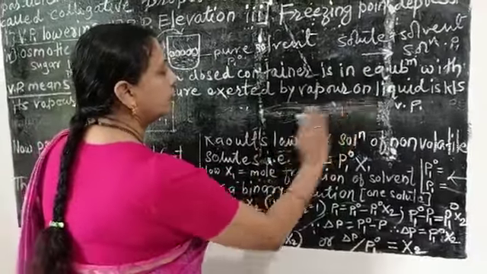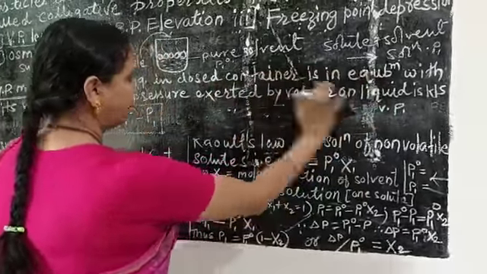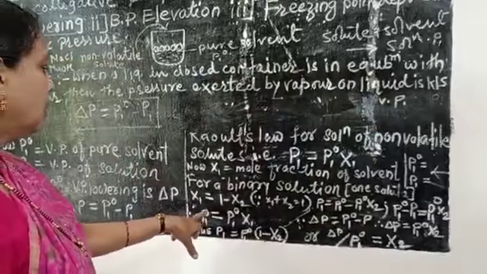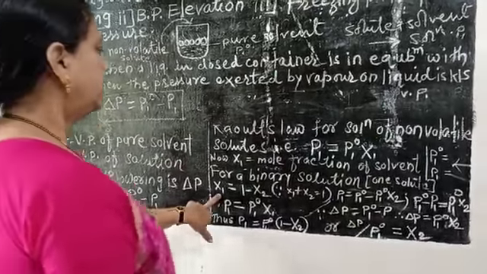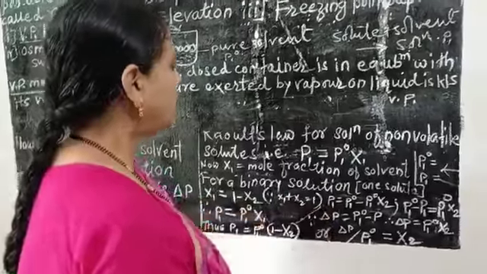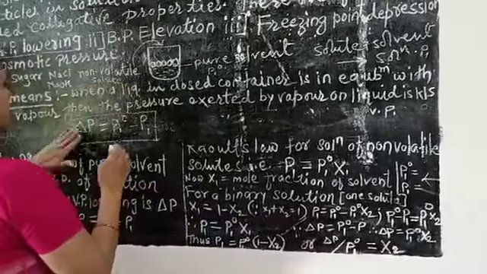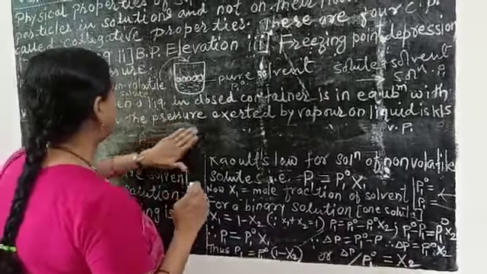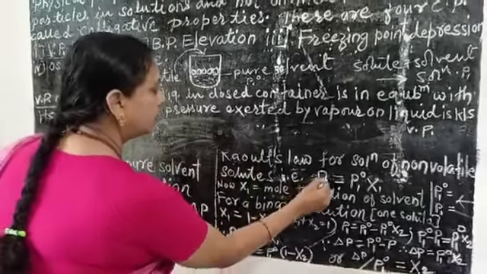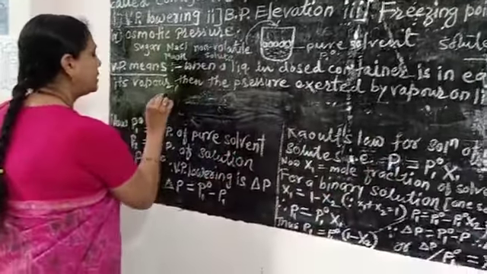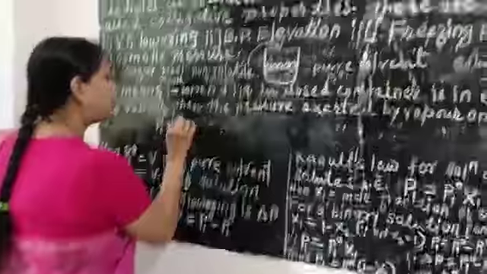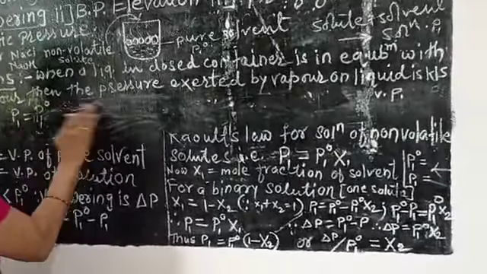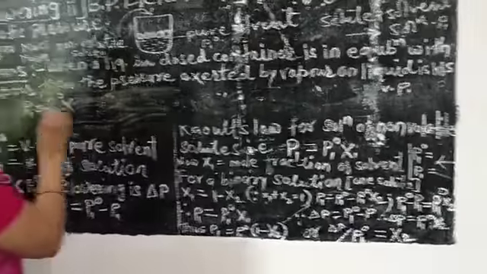So you can substitute this value of X1 in this expression. What is the expression? The expression is like this. This is Raoult's law, that is P1 is equal to P10 into X1.